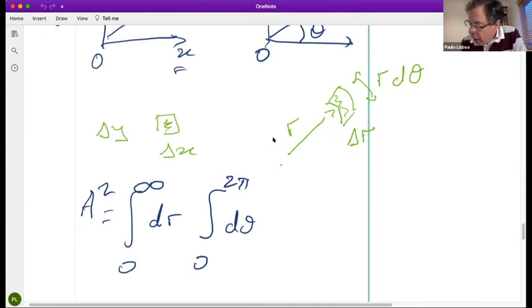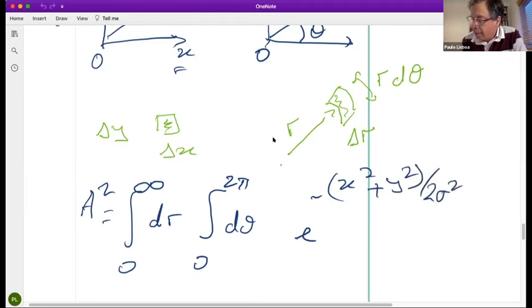And the argument is now e to the minus x squared plus y squared over twice sigma squared.